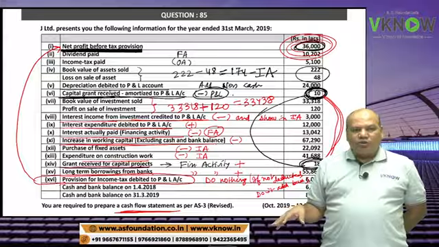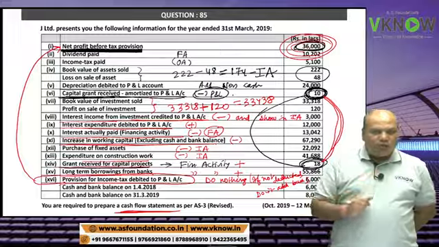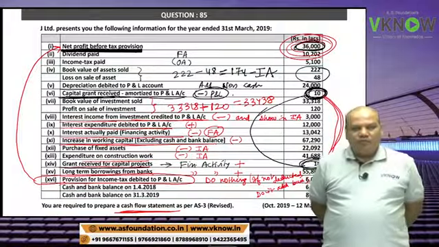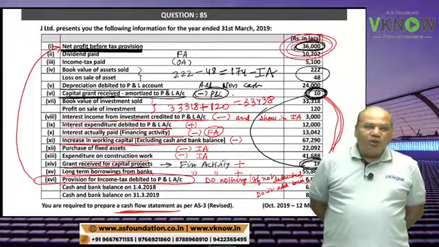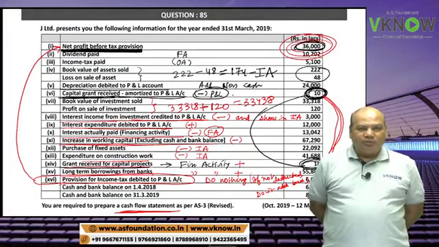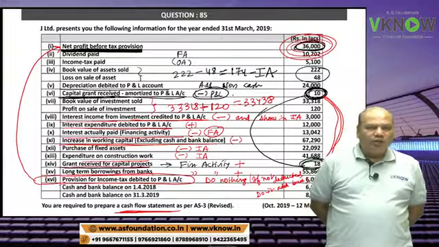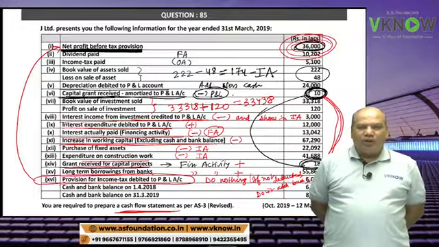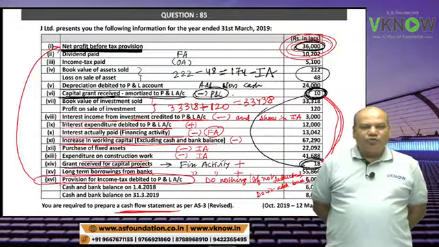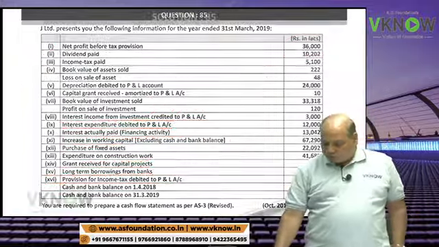Looking at this question, can you calculate the collection from debtors? Can you calculate the payment to creditors? No, you can't. Therefore, this question can be solved only under indirect method, because profit is given, non-cash items are given, and working capital change is given.